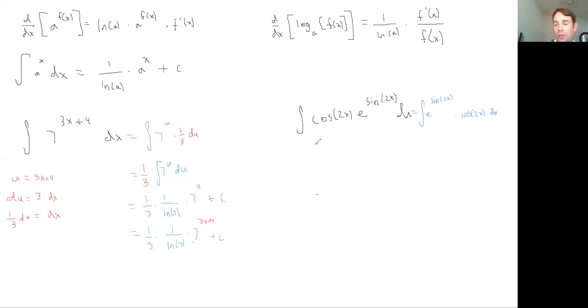So u equals sine of 2x. Du equals cosine of 2x times 2. Got a little chain rule going on there. So we get our differentials to match up. So 1/2 du equals cosine of 2x dx.